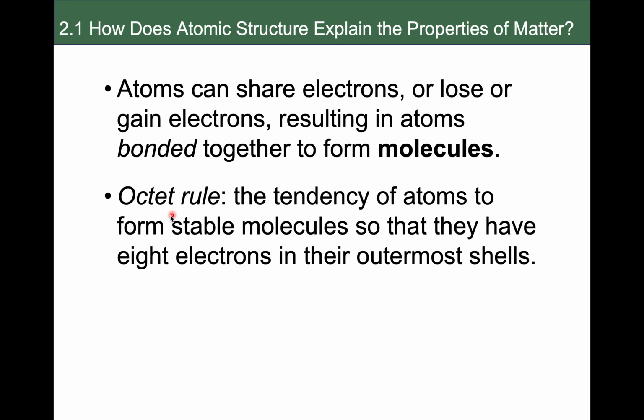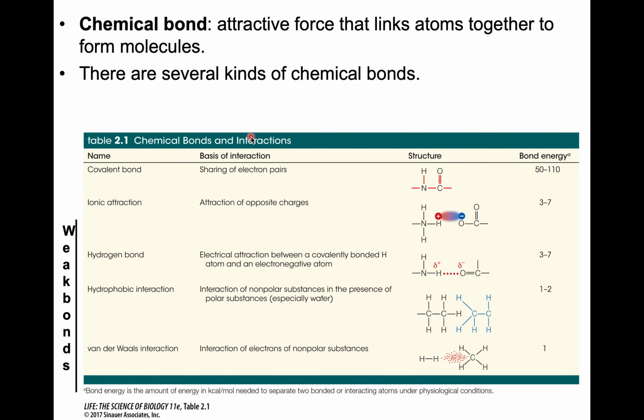And so atoms are going to try to achieve the octet rule, try to achieve stability by either sharing, losing, or gaining electrons, and that is going to have the effect of forming bonds between those atoms. So that's what we're going to talk about in the beginning of the second half of this lecture, some of these different types of chemical bonds, which are just attractive forces that are holding these atoms together.